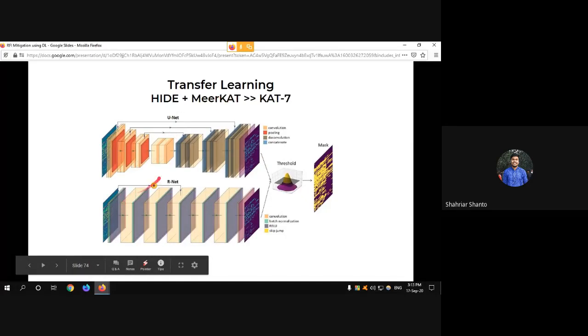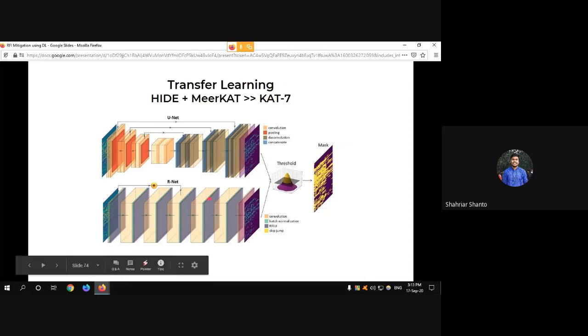Because when we train with simulated databases and then again train with Cat7 databases, these weights and biases will try to adapt to the real observations, right? So these weights and biases will lose what they learned from previous exposure to the data. So we freeze the weights and biases. We only train the later layers with the Cat7 data.